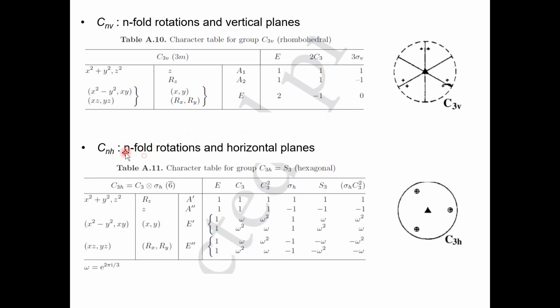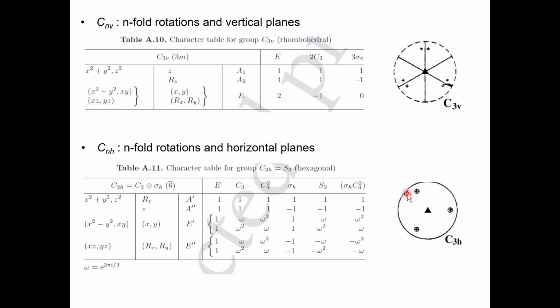You can also have CnH groups, in which you have n-fold rotations, and now you combine with a horizontal plane, which is the plane of this figure.